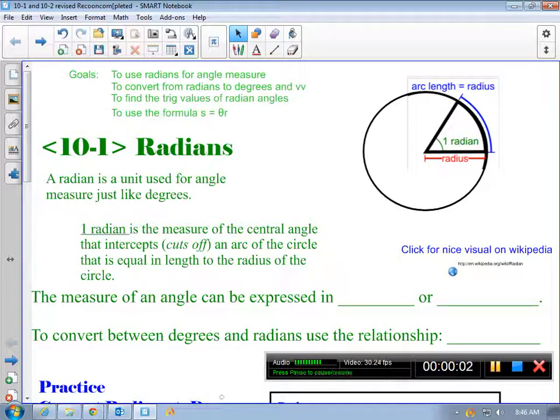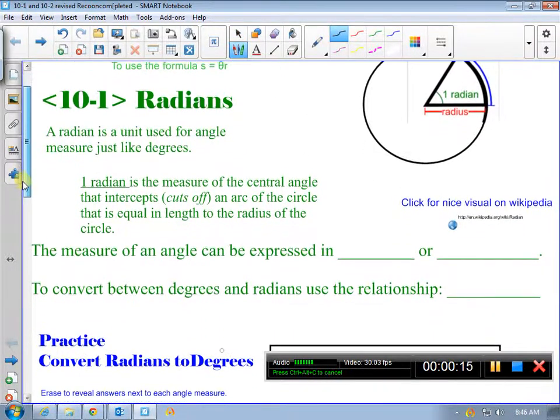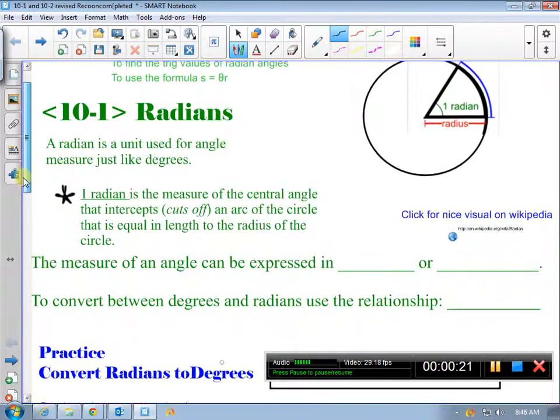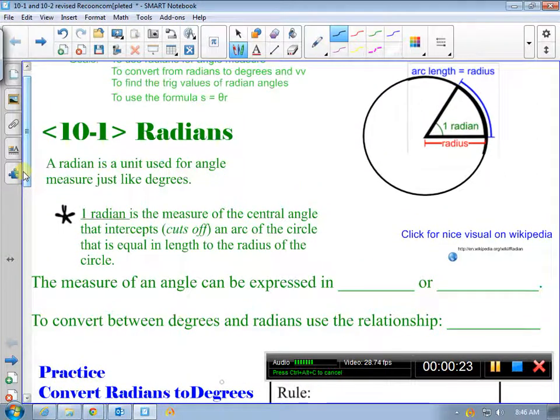All right, today we start chapter 10, which looks at another way to measure angles. The other unit for an angle measure is radians. To define a radian, 1 radian is the measure of the central angle that intercepts an arc of the circle.